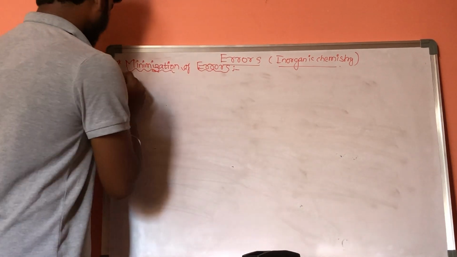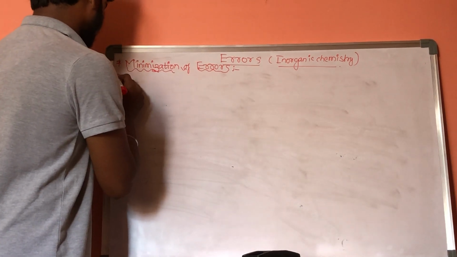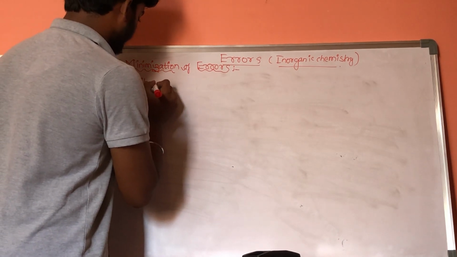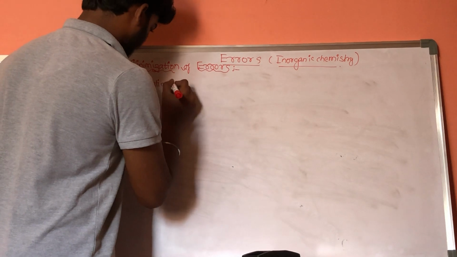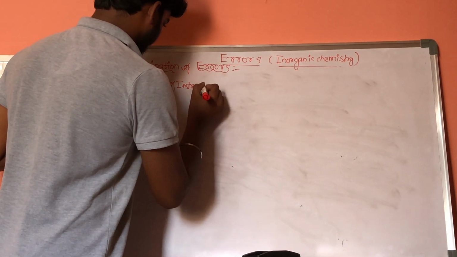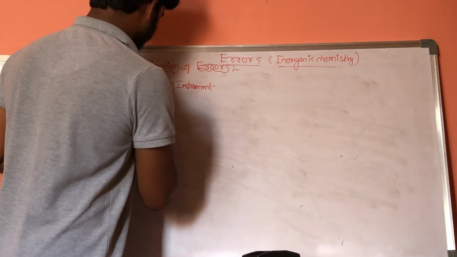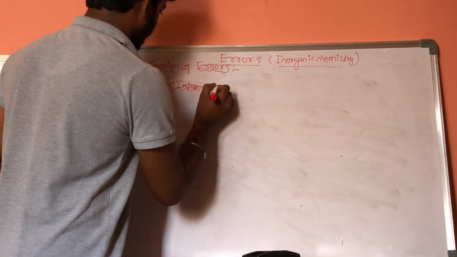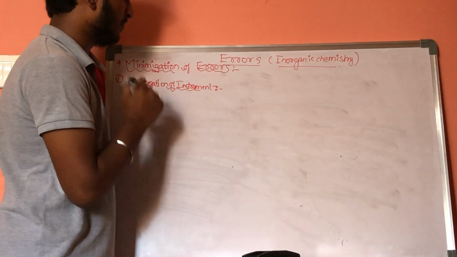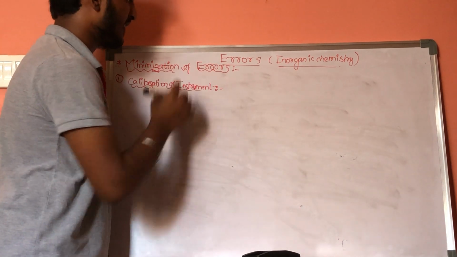First method is calibration of instrument. This calibration of instrument is one of the most important processes for the minimizing of error.